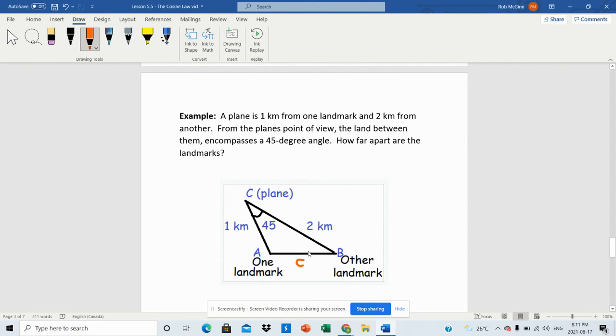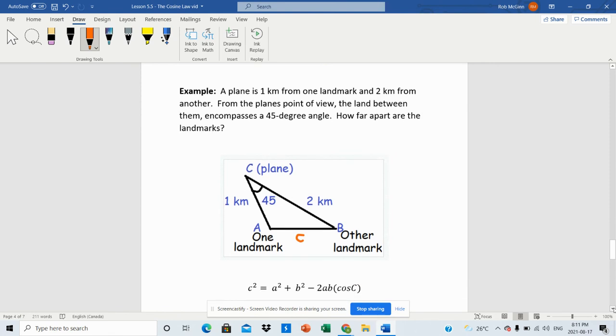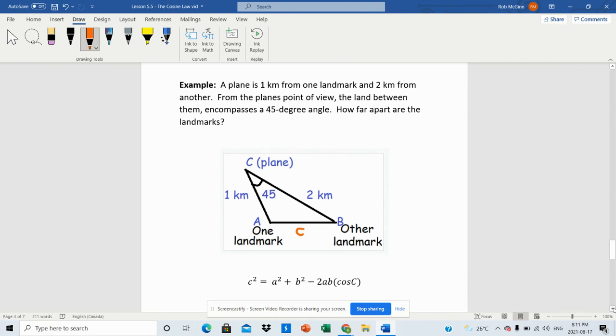So just like we did in the beginning, we're going to use the cosine law and we're going to solve for side C. So c squared equals a squared plus b squared minus 2ab times the cosine of C. A in this case is opposite angle A, so it's going to be 2 kilometers.